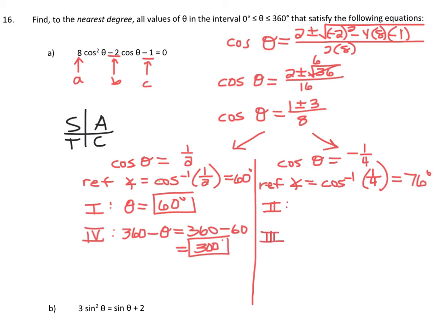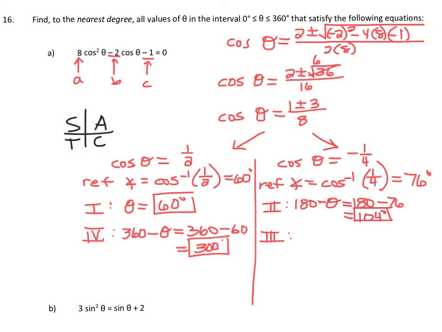All right, so the second quadrant reference angle rule is 180 minus theta. That's a minus. So if you do 180 minus 76, you wind up with, I'll fit this, I guess, down here, 104 degrees. Okay, so that's our second quadrant angle that goes along with the reference angle of 76. Now in the third quadrant, I know our third quadrant reference angle rule is theta minus 180, but when you're solving these equations, right, we're actually looking for the theta.